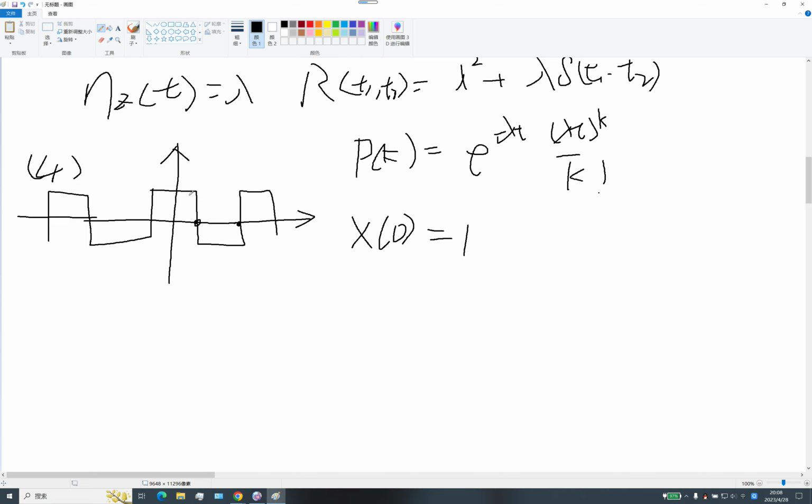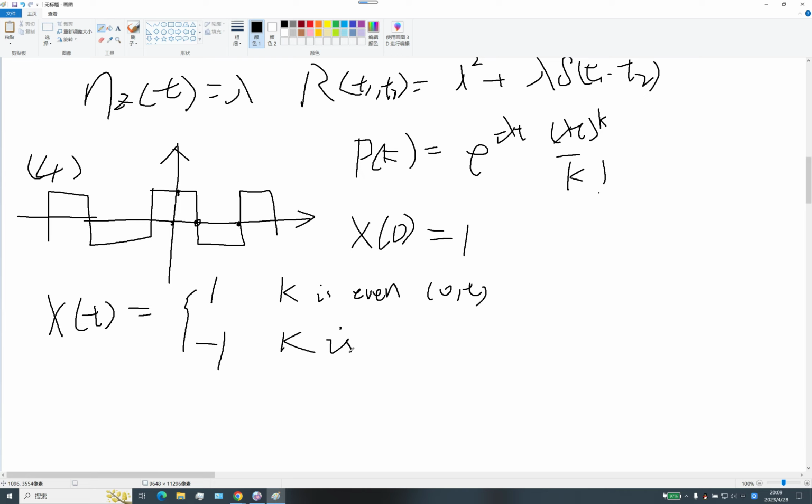X(t) equals 1 if k is even in (0, t), and it is minus 1 if k is odd in (0, t).